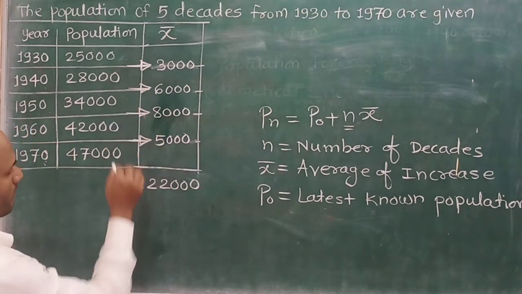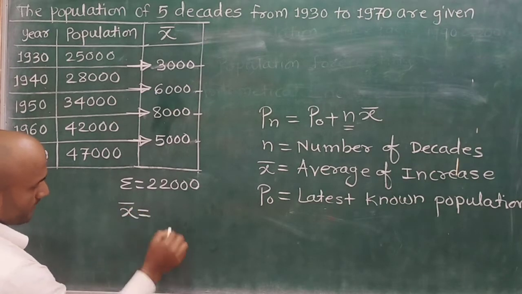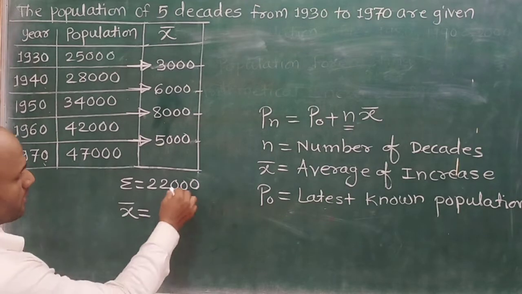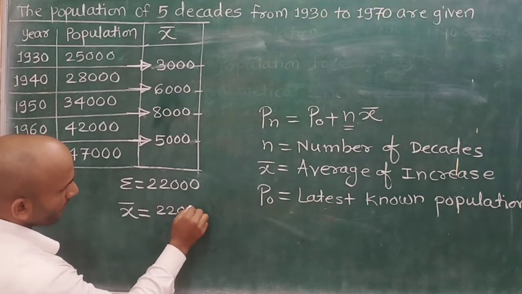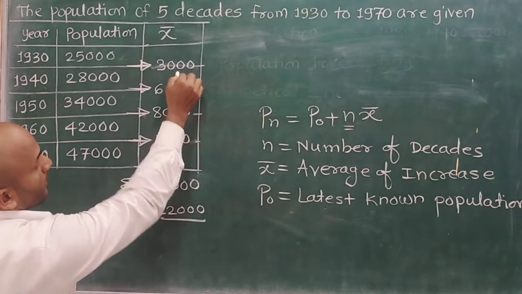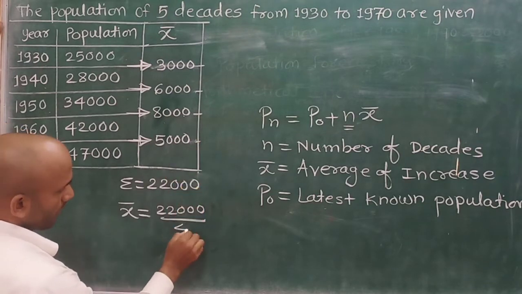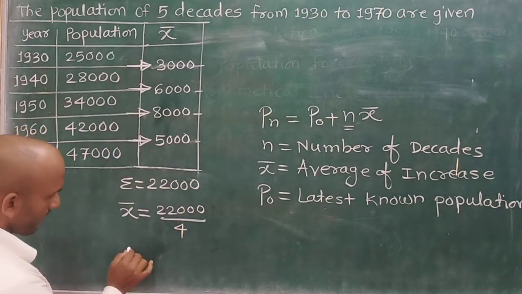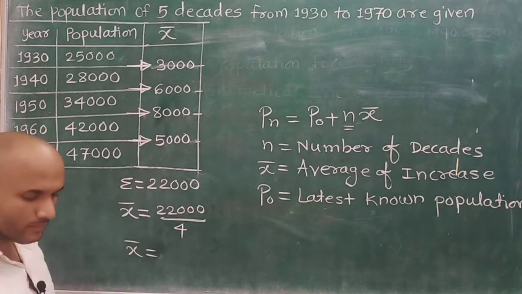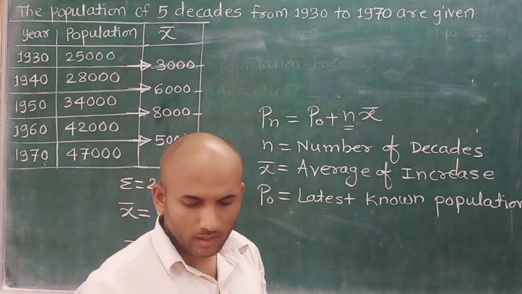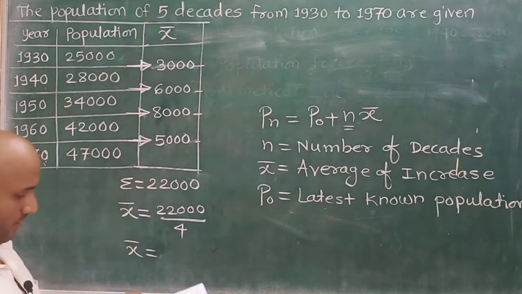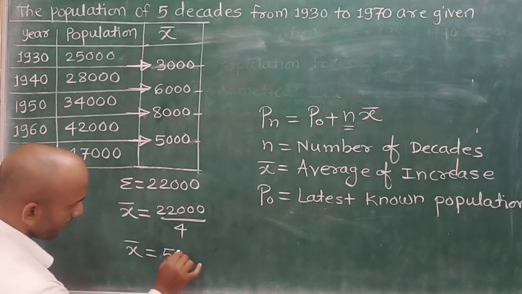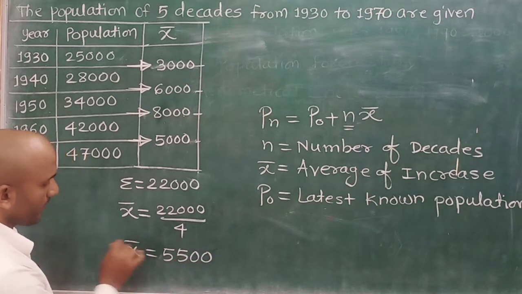And we have to find x bar, the average. Average is the sum of all the values upon the number of values. So 22,000 divided by the number of values, which is 4. The x bar value is 5,500.